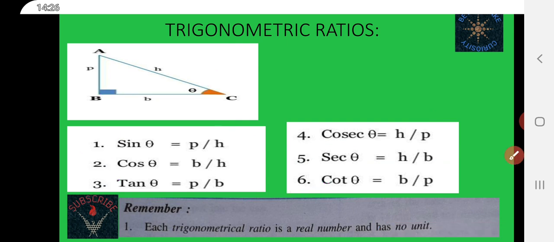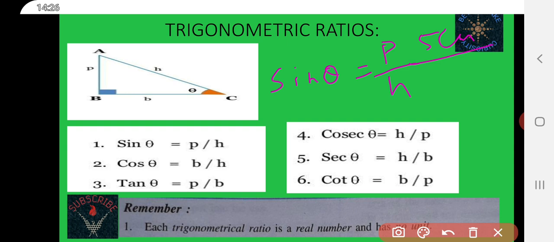Okay, see, here remember, each trigonometrical ratio is a real number and has no unit. See, sin theta we write P by H. P means perpendicular, H means hypotenuse. P suppose 5 centimeter and H suppose 8 centimeter.